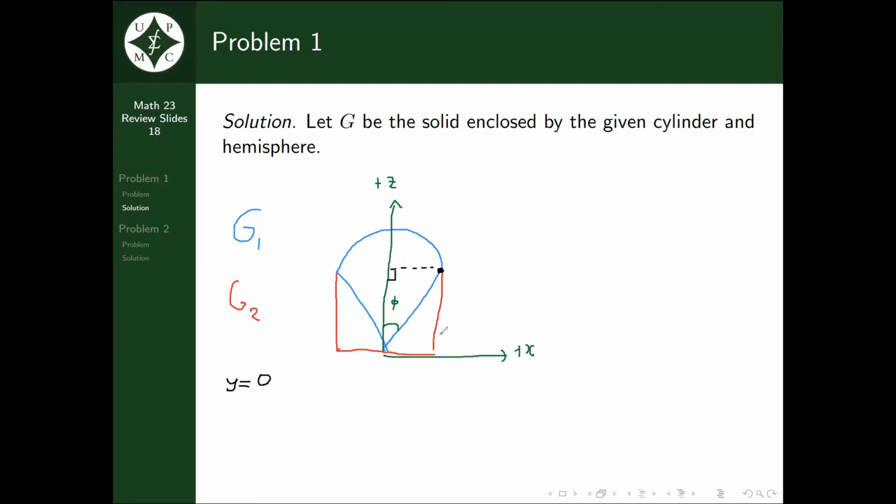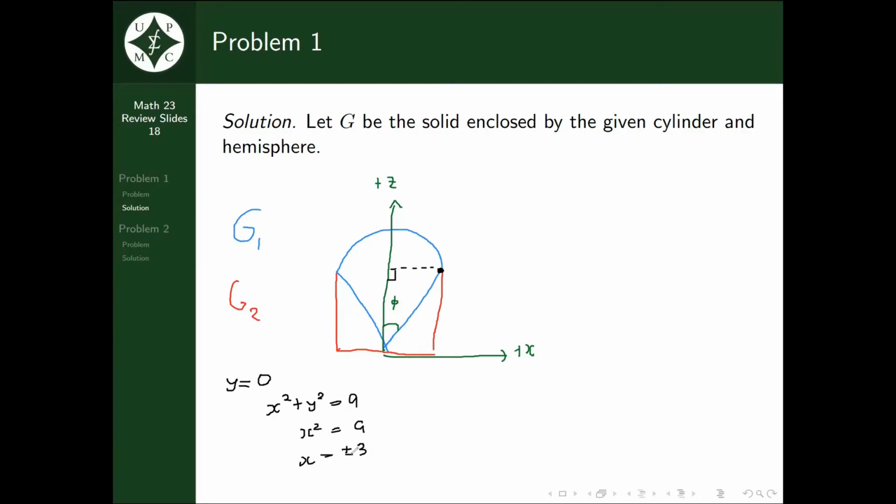So let's do that. We have to note that this point is exactly on our cylinder. So our cylinder is x squared plus y squared equals 9, right? But if we set y equals 0, we just get x squared equals 9. Or in other words, x is equal to plus or minus 3.